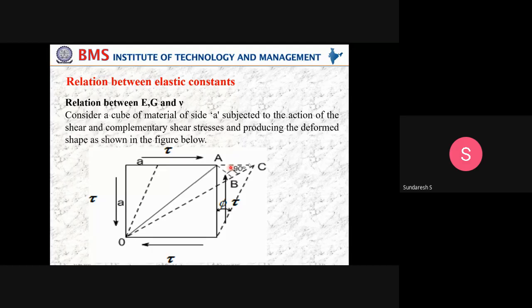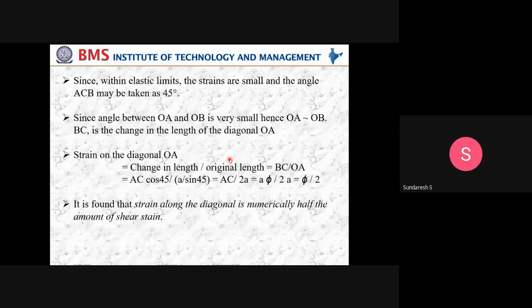In the sense, there will be a strain. The deformation is taking place in the diagonal OA, or there will be a change in the length of OA. So how can we calculate the change in the length of OA? That is what we are going to discuss now. If you find any clarification, you can stop me.